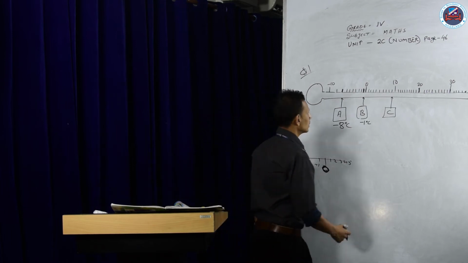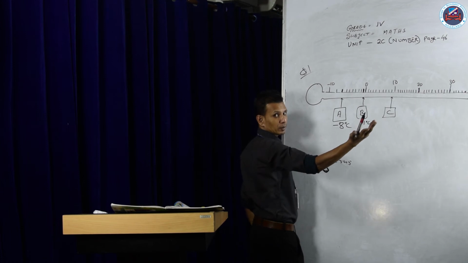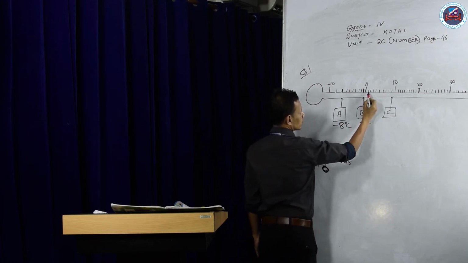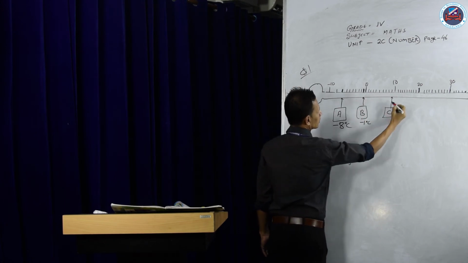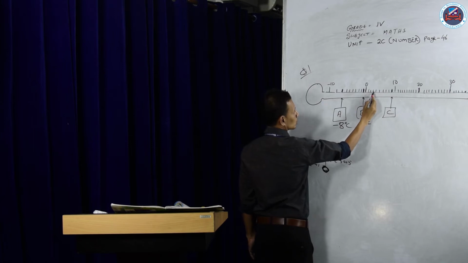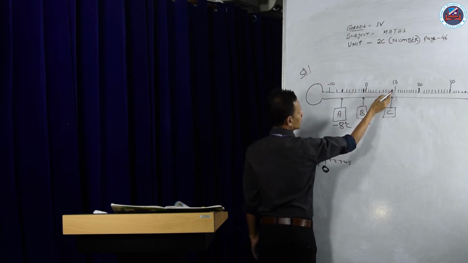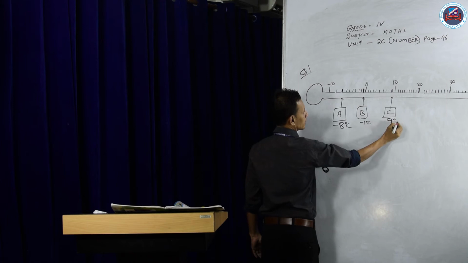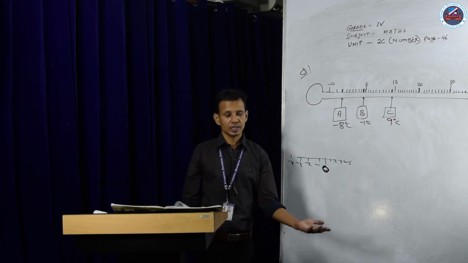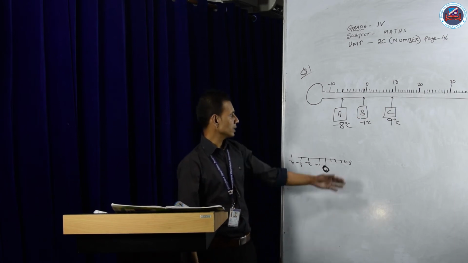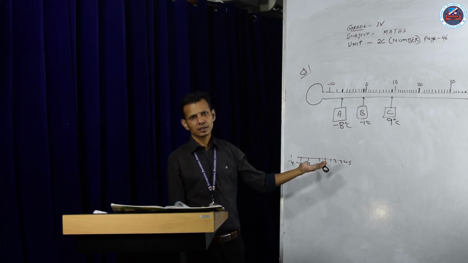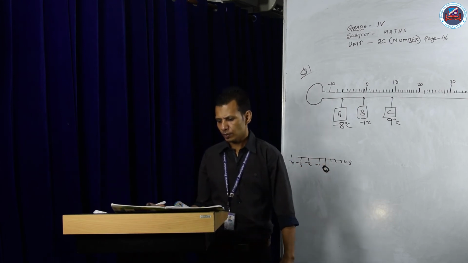After 0, obviously I'm going to get positive numbers: 1, 2, 3, 4, 5, 6, 7, 8, 9. This is 9 degrees Celsius. Positive, no need to put a plus sign, we just know it is plus. But in negative, you need to show the negative sign. This is your answer. Question number 1 is done.